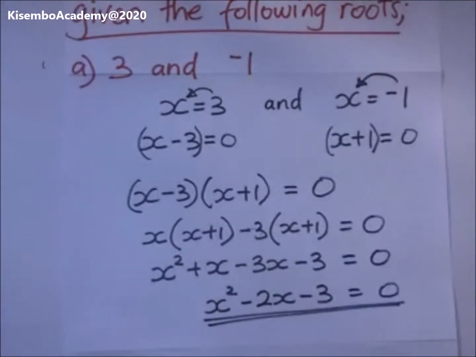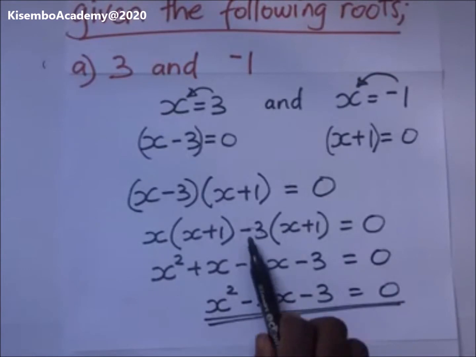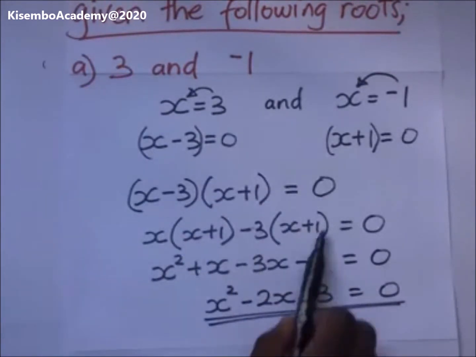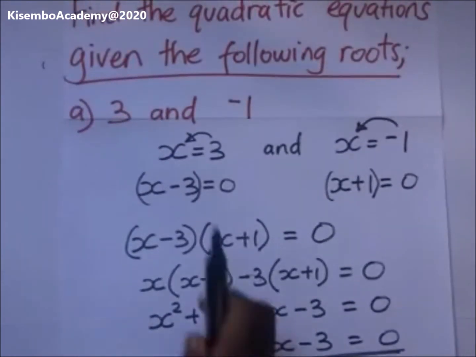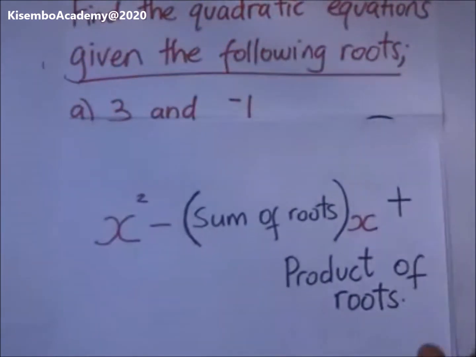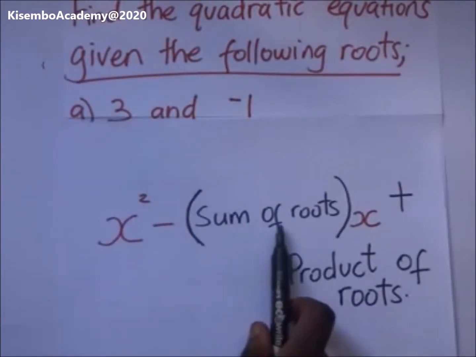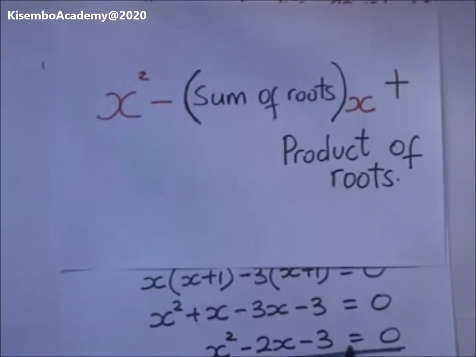We have worked backwards. Now if you wanted, you could still factorize this expression, and you realize that your working will lead towards getting those two answers. Now we said that if they give you roots like 3 and negative 1, we can still use the expression x squared minus the sum of roots x plus the product of roots, and we must be able to get that same answer.